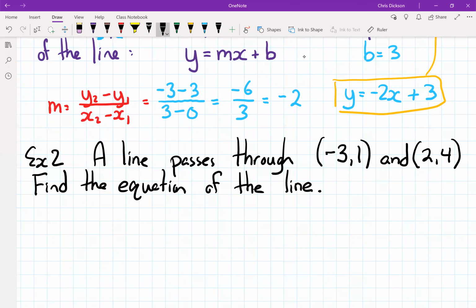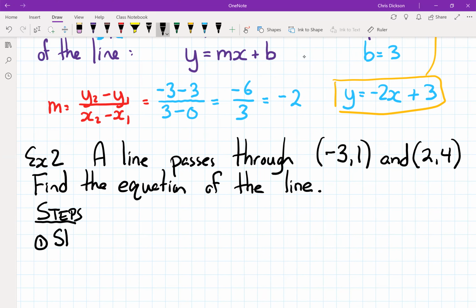Now, just to write down some steps for you here, just to give you some suggestions, like what you might want to do first. I would look for any what we call give me's first. So a give me would be if I told you the x value was 0 for one of the points, then you would know the y-intercept. So unfortunately, in this question, I haven't done that. I haven't given you sort of an easy one here. So I think the steps would be to find the slope first, which is kind of what we just did up there.